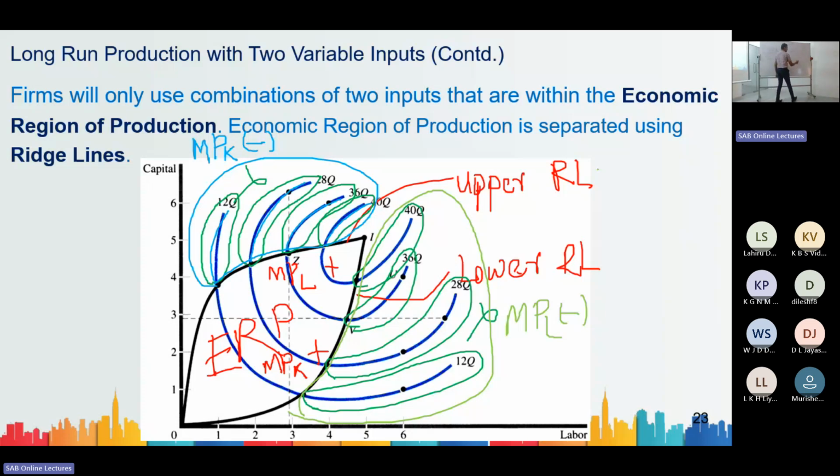So that means marginal rate of technical substitution is 0 at these points. So we draw the lower ridge line by combining the points where marginal product of labor is 0. In other words, we draw the lower ridge line by combining the points where marginal rate of technical substitution is 0.